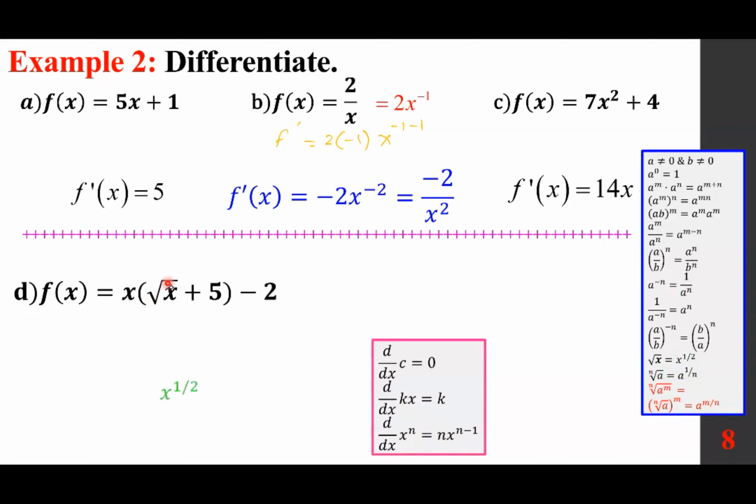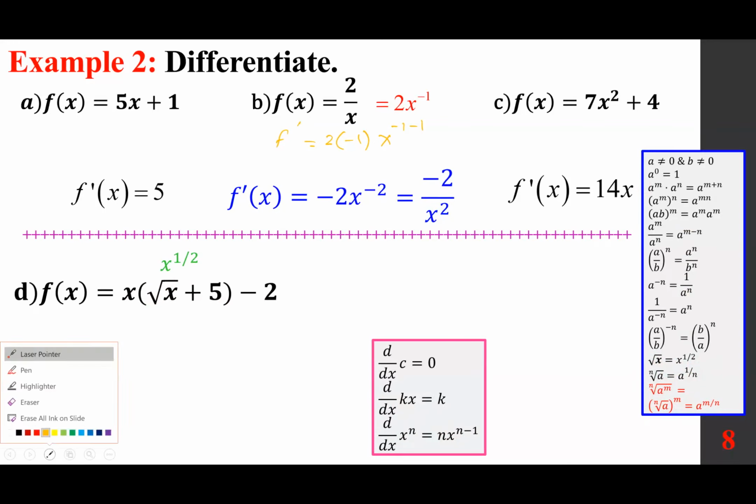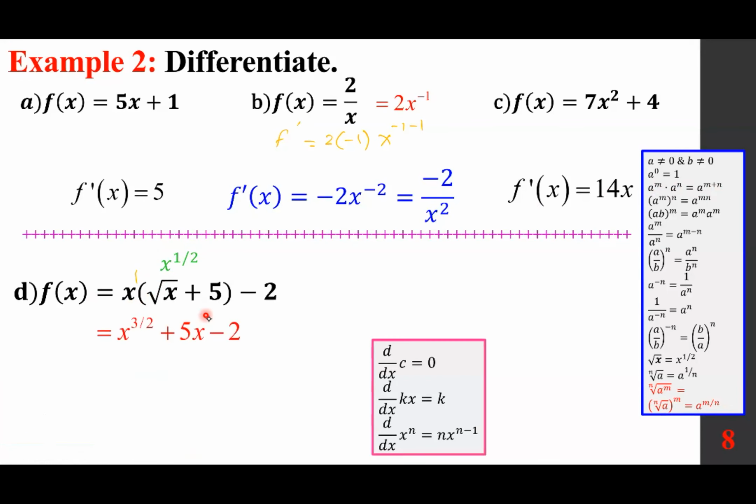So you change that to x to the power of 1/2, and then you apply the product rule. This is to the power of 1, everybody. When we don't write an exponent, the exponent is 1. 1 and 1/2, according to this rule, we want to add them up. So 3/2, 5x minus 2.